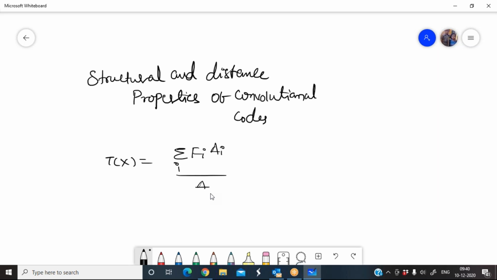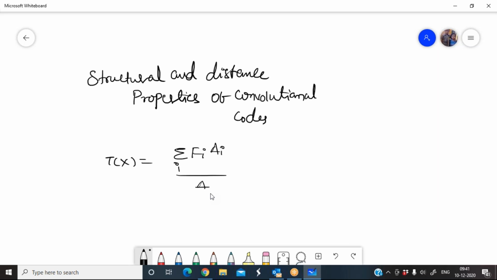So what is our discussion actually? You have to find the weight enumerating function, right? Now in order to obtain the weight enumerating function, you have to find the weight distributions, and in order to get the weight distributions, you have to modify the state diagram. Do you remember or not? So in order to draw the modified state diagram, from the state diagram you have to follow some conditions.